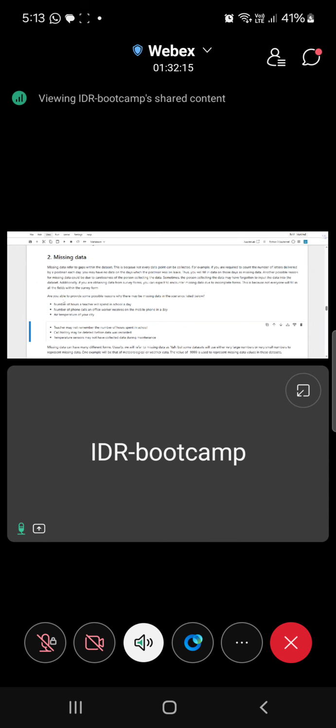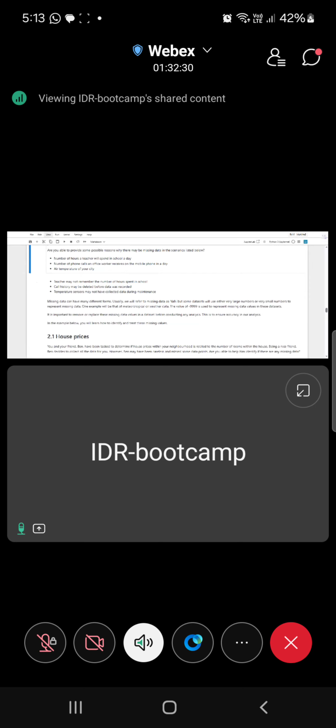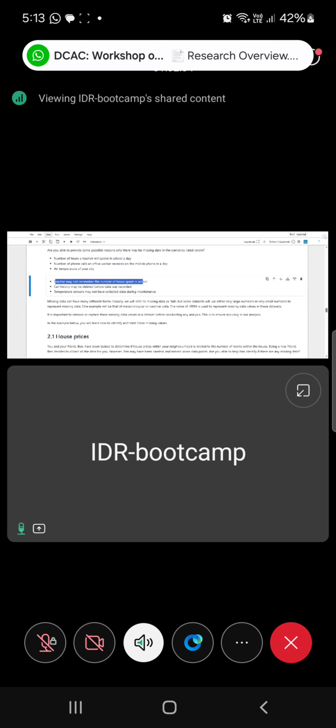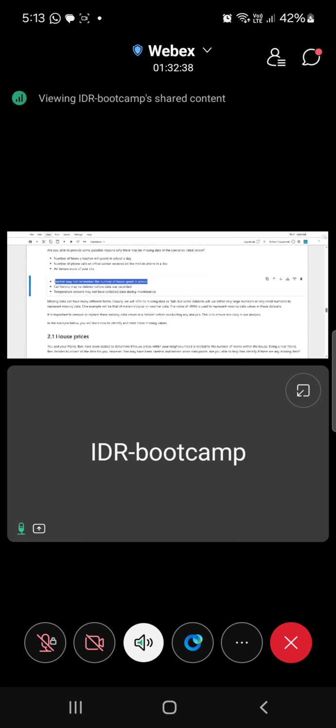Are you able to provide some possible reasons why there may be missing data in these scenarios? Number of hours a teacher spends in a day, number of phone calls an office worker receives, air temperature of your cities. A teacher may not remember the number of hours spent in school, so that becomes missing data.